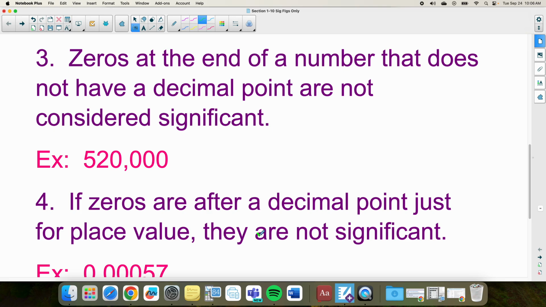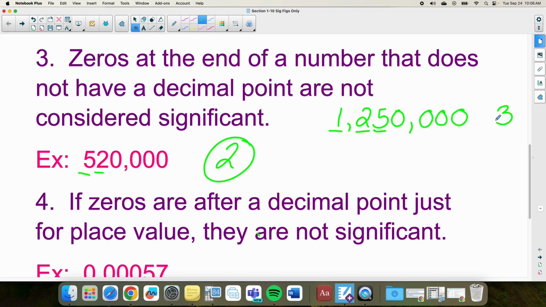So we would only count the 5 and the 2, and this would have 2 sig figs, okay? So if you had something like 1,250,000 like that, how many sig figs would it be? 3, yeah. Just the 1, 2, and 5, okay?